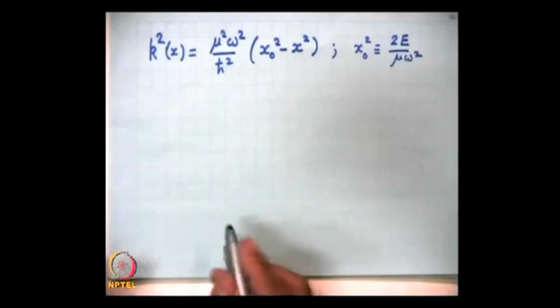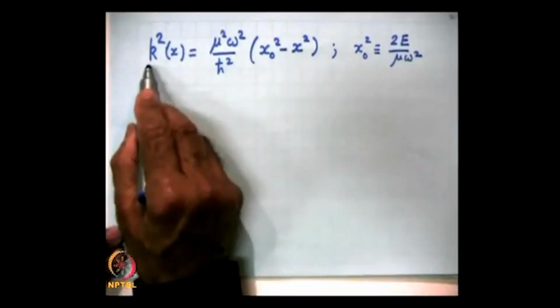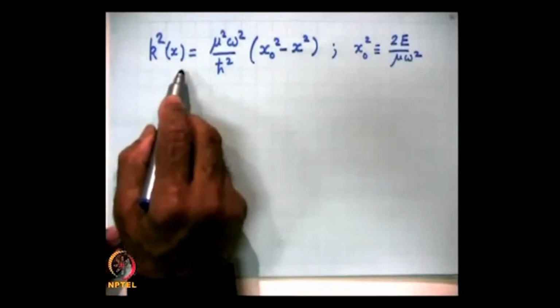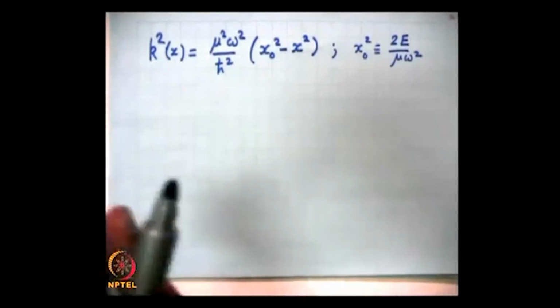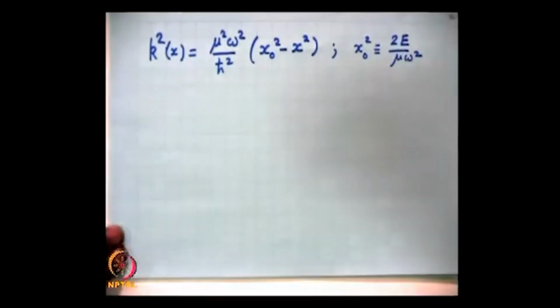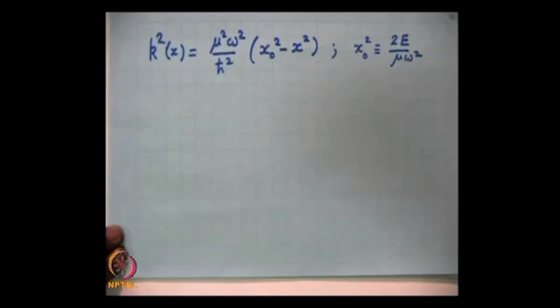This is the classical turning point where k square of x is 0, so that the kinetic energy is 0 and the total energy is potential.